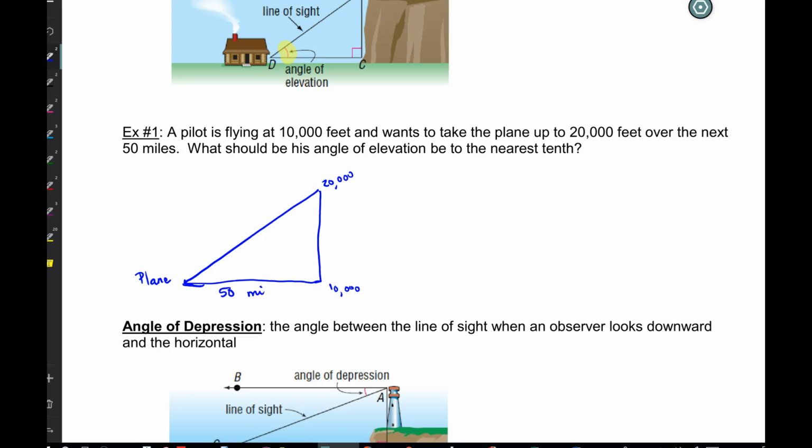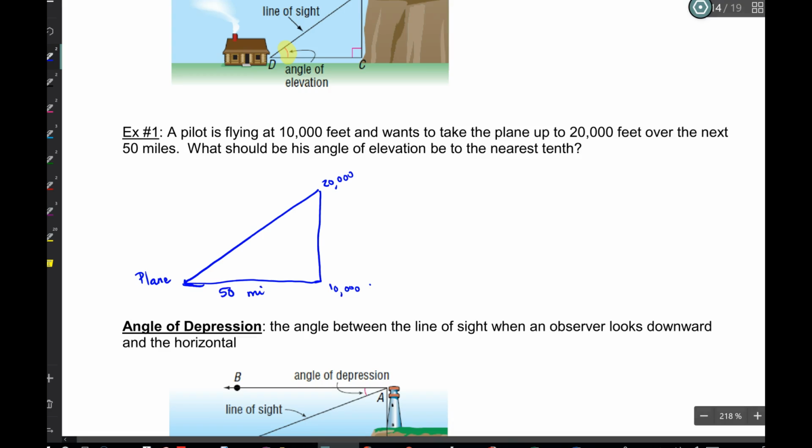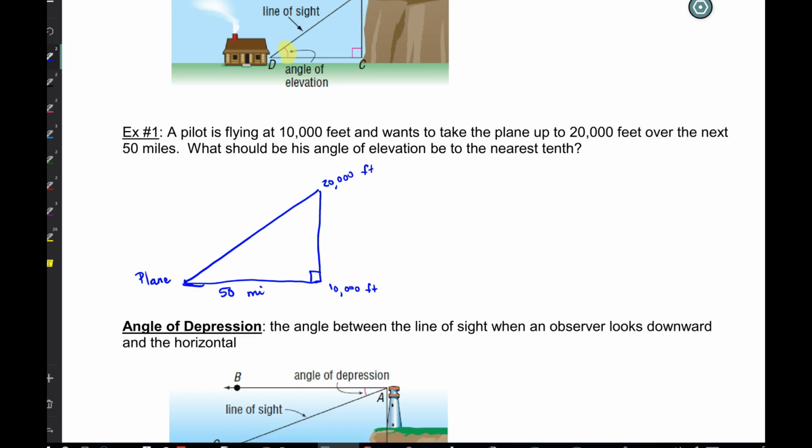Now, one thing you should notice, these are not the same units. So we either have to change the 50 miles to feet or the feet to miles. If this is 50 miles, and it's starting out at 10,000 and you want to go up to 20,000 feet, really what's the distance that we're increasing? 10,000, right?